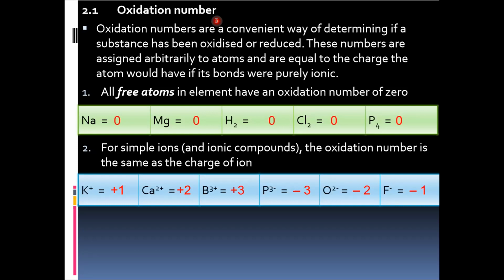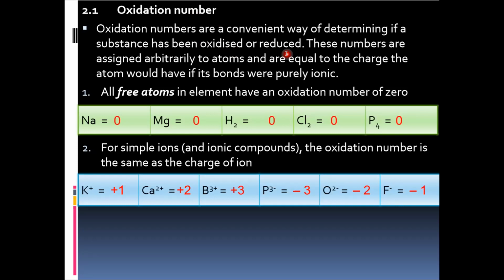Oxidation numbers are a convenient way of determining if a substance has been oxidized or reduced. So we use this concept to determine whether a substance has been oxidized or reduced.